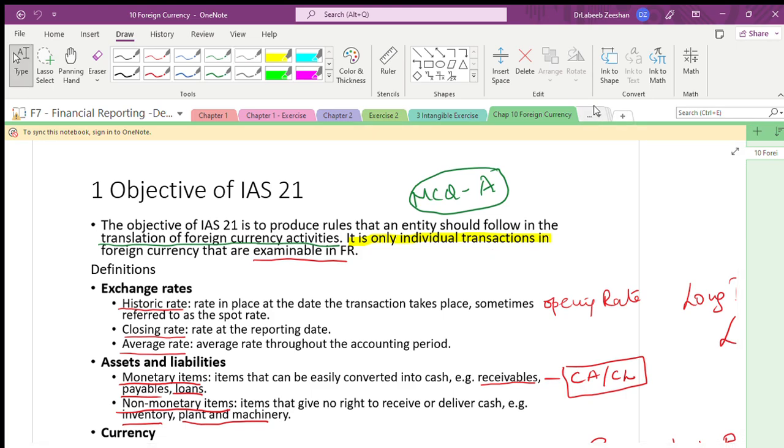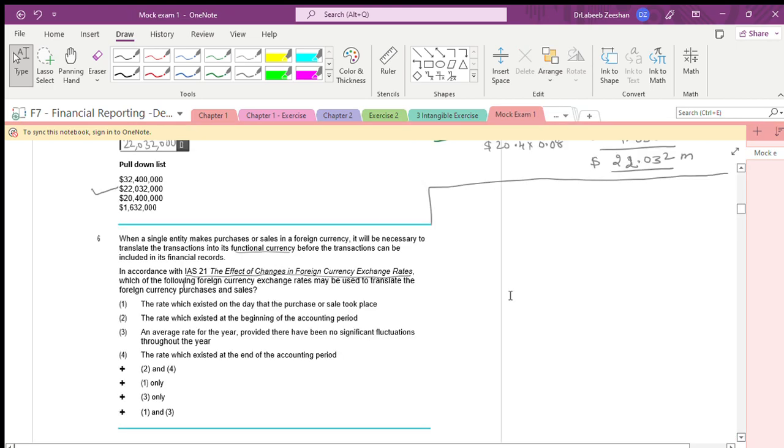Now coming to the point, where is our mock exam here? What they are saying is they are talking in terms of making purchases or sales in foreign currency. It is throughout the year. If it is throughout the year, then we should not take the spot rate or the other rate.